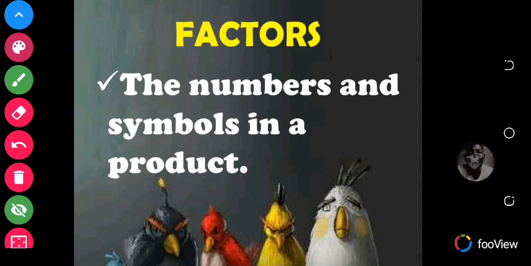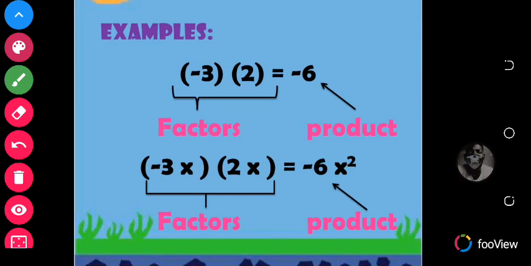I'm sure you all know what factors are. A factor of a number basically is what two numbers you are going to multiply to get the product. So -3 and 2, when you multiply them together, you're going to get -6. So these are the factors.